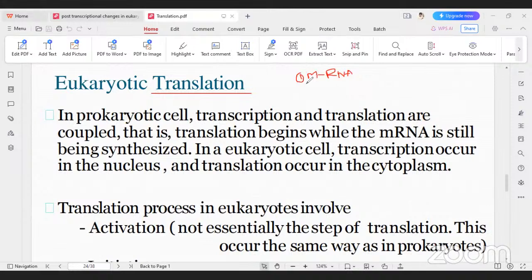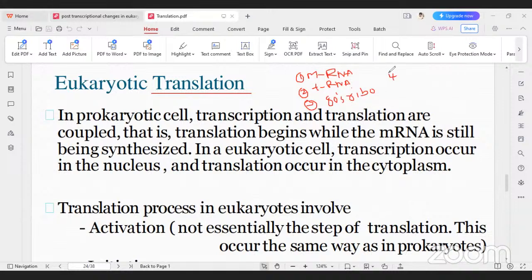We already have that, right? Second, transfer RNA, which is present in the cytosol. Third, ribosomes.